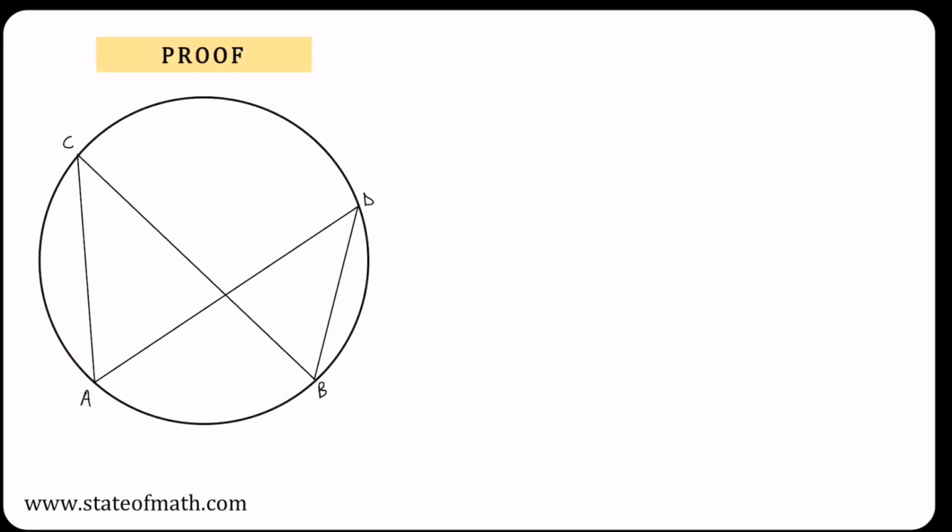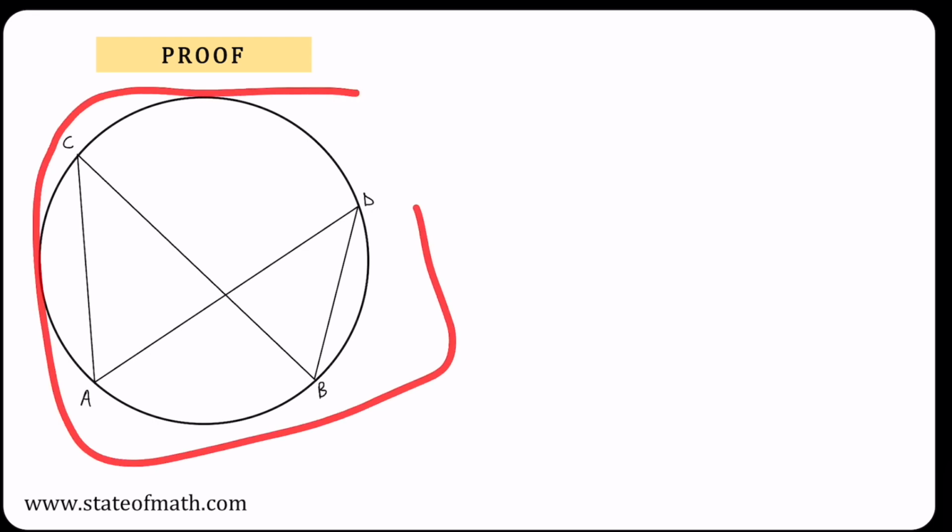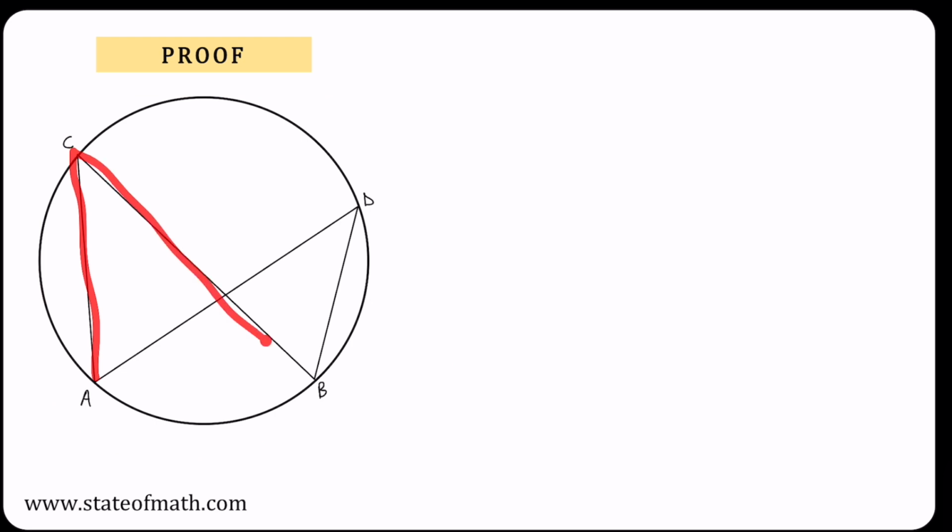Now, to prove that the angles in the same segment are equal, I will start by considering this situation here. I will call angle ACB to be theta, and the objective is to conclude that angle ADB is also theta.